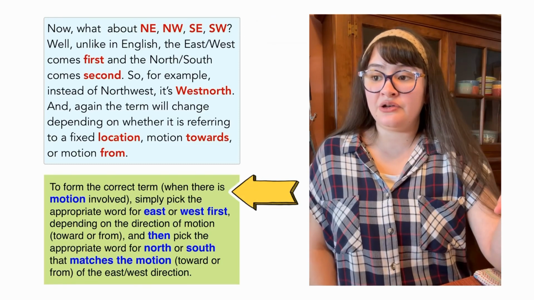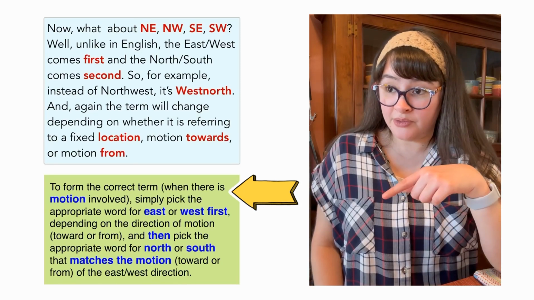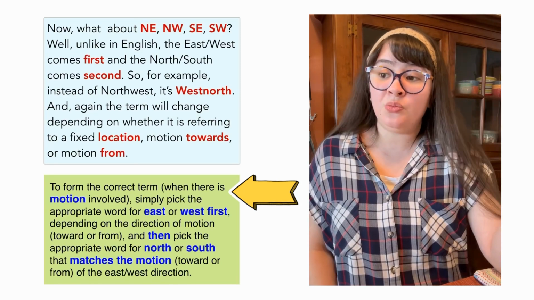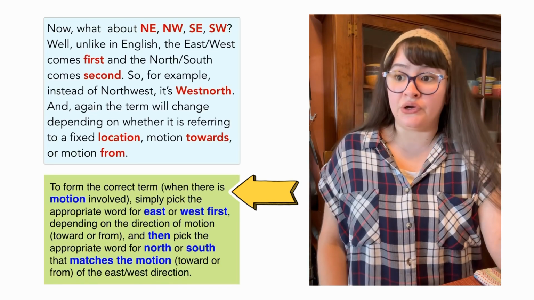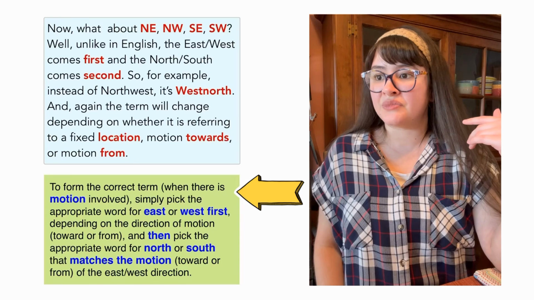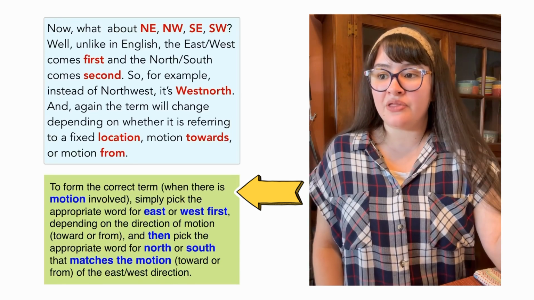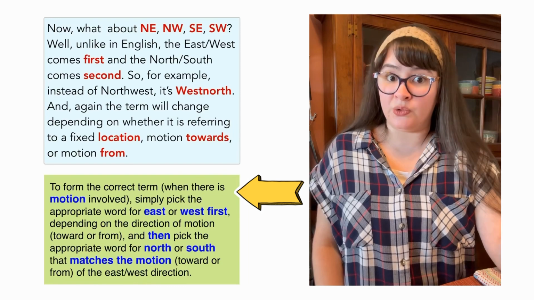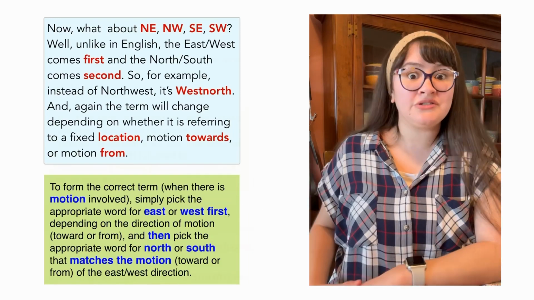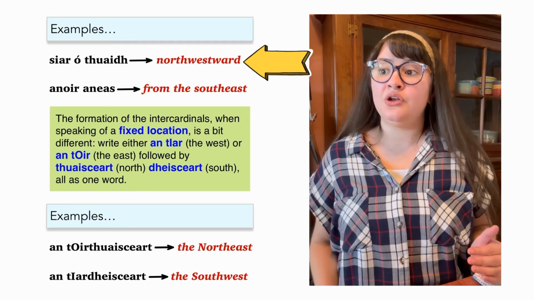To form the correct term when there is motion involved, I'm reading the green box by the way, simply pick the appropriate word for east or west first, depending on the direction of motion, toward or from, and then pick the appropriate word for north or south that matches the motion, toward or from, of the east-west direction. So, examples. Shir ohui, northwestward.